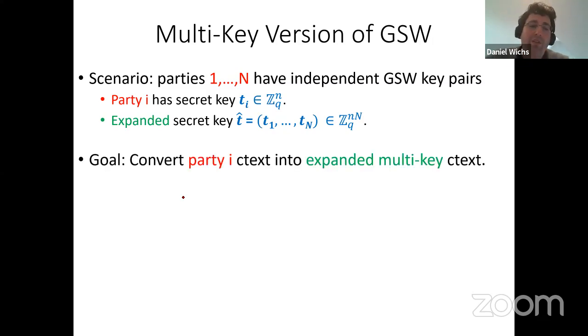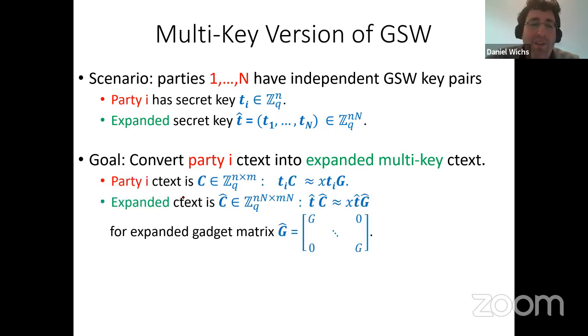And my goal will be to take any ciphertext that an individual party i encrypts and somehow convert it into a ciphertext that decrypts correctly under this expanded secret key. I'm going to call that the expanded multi-key ciphertext.